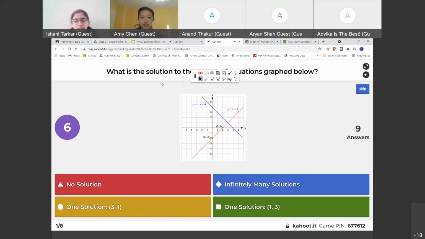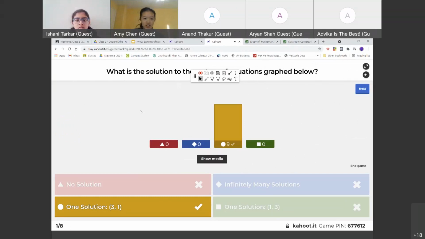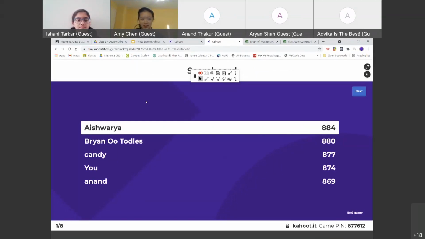I can't change the music anywhere. Oh wait, yay! Everyone got it right. So yeah, the solution is just the intersection. Still can't change the music. Okay, in first place we have Aishwarya, then Brian O'Toodles, Candy, you, and Anand.